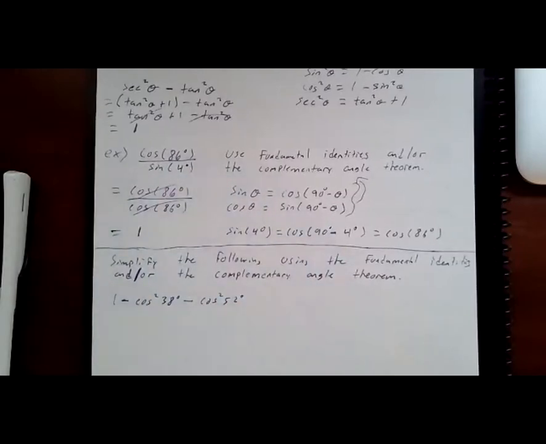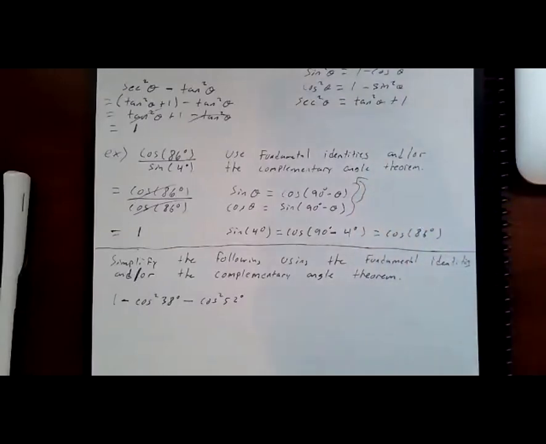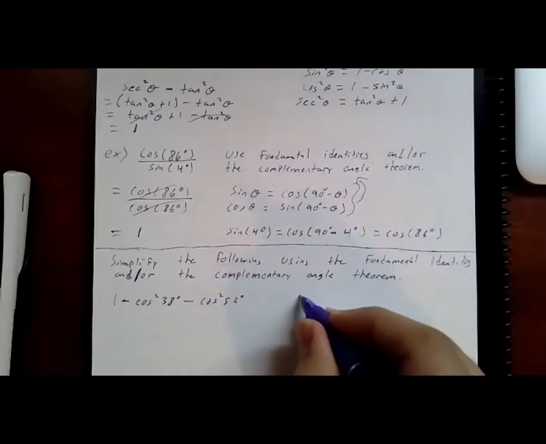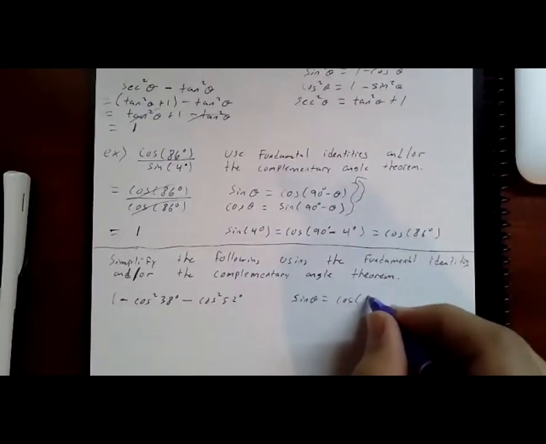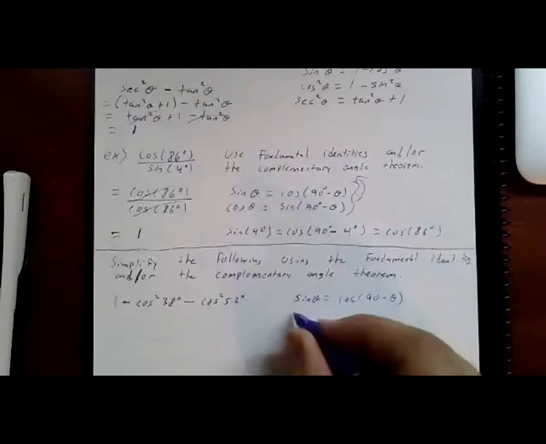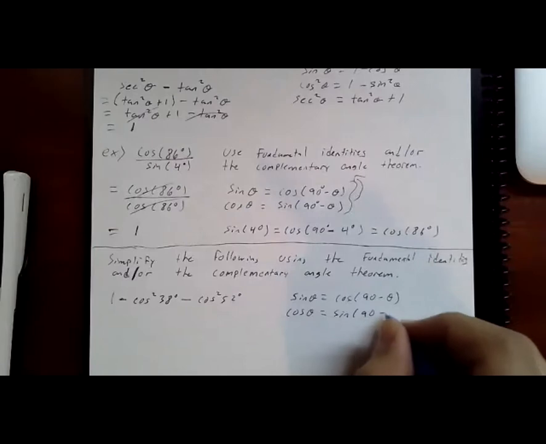All right, so we have 1 minus cosine squared 38 minus cosine squared 52. The first thing that you should hopefully notice is that 38 and 52 are complementary angles, right? So that means you can use these theorems here. Let's try that. We know sine theta is equal to cosine of 90 minus theta. Cosine theta is equal to sine of 90 minus theta.